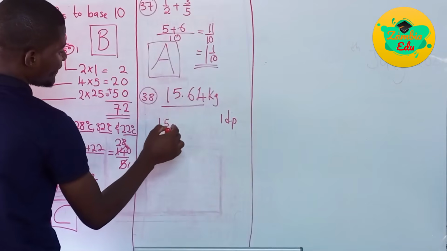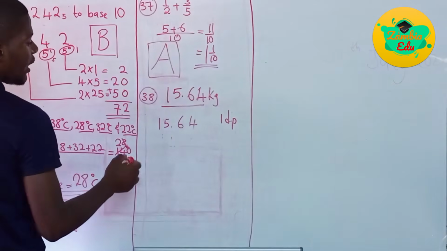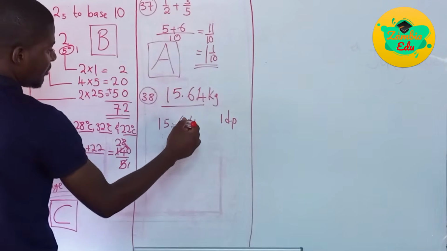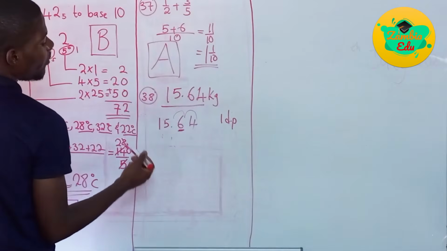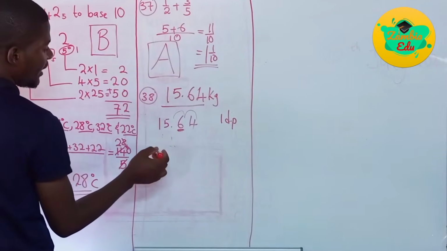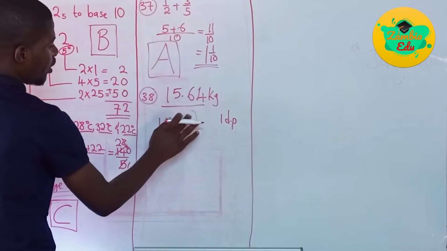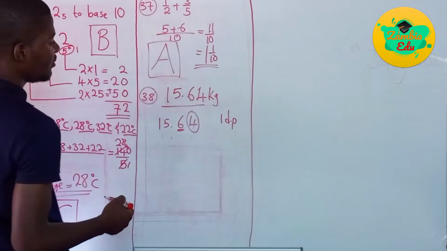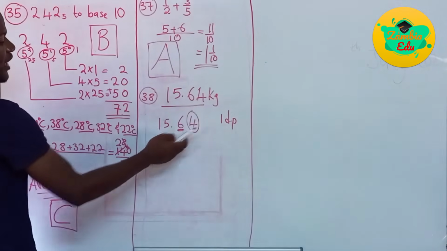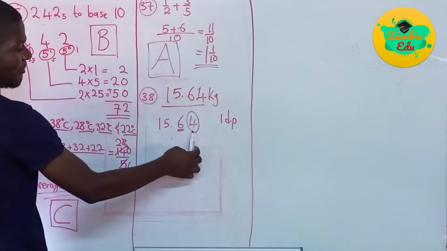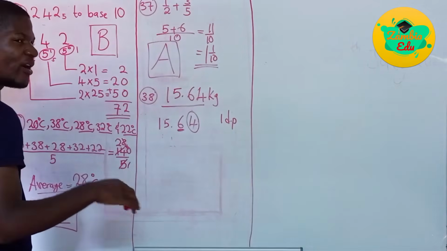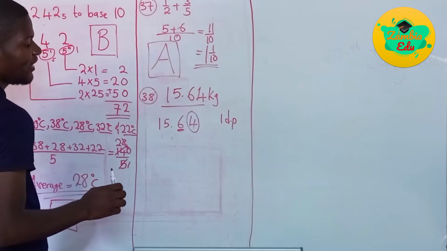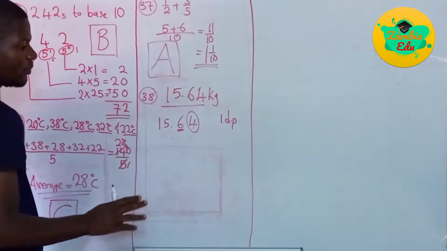So we have 15.64, and the number has two decimal places, which are 1, 2. Now they want us to remain with only one decimal place. We can see our 4 there becomes our round off figure. For us to round it off, we consider, is the round off figure below 5? If it is below 5, then you just remove it without adding anything.